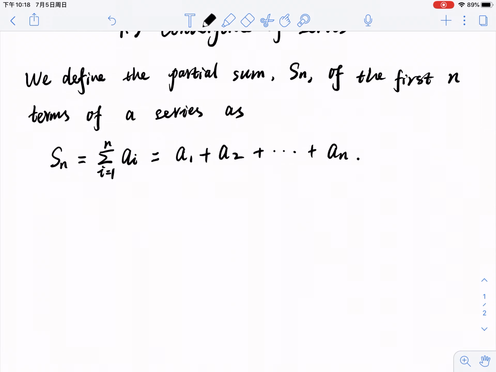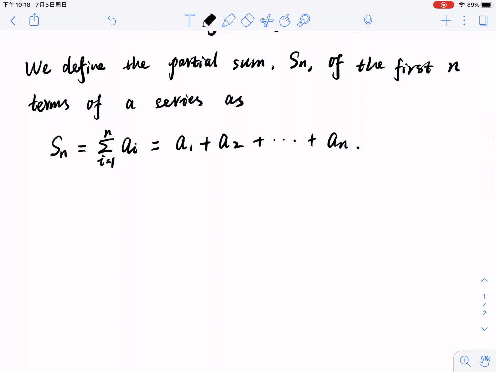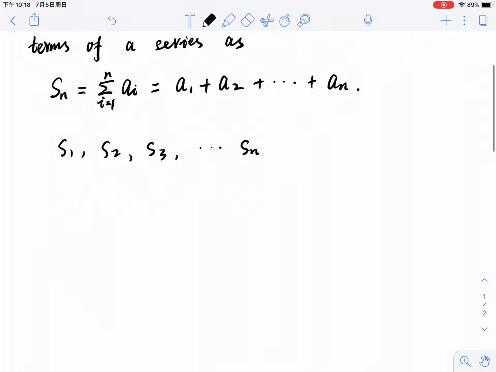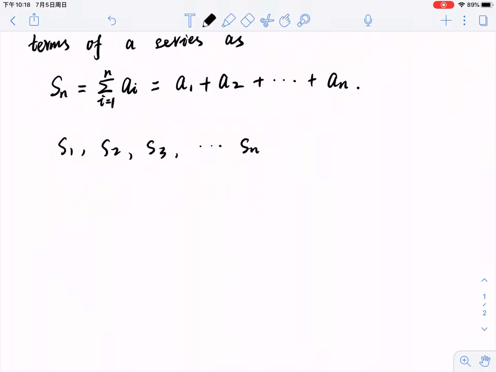To investigate the convergence of the series, we need to consider the sequence of partial sums S1, S2, S3. If S_n has a limit as n goes to infinity, then we define the sum of the series to be that limit.